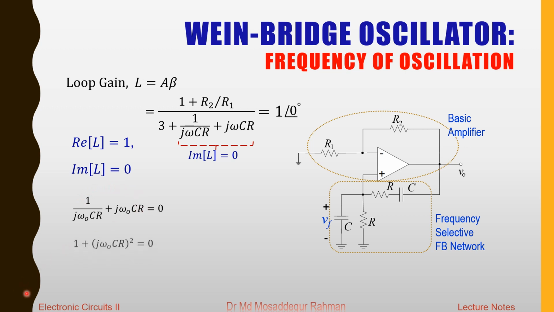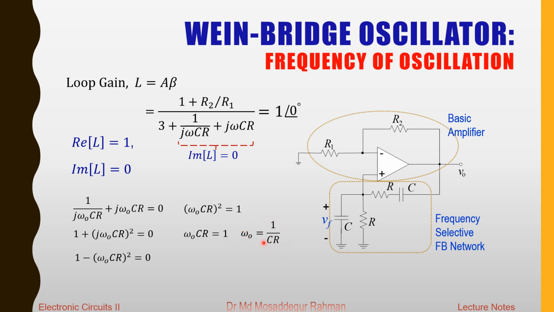So for the simplification of this expression, multiplying both sides with j omega naught CR, we can write it like this. Now we have j squared here. J squared is -1, so replacing that with -1 we can write like this, and after simplification omega naught CR is 1, so omega naught, the frequency.